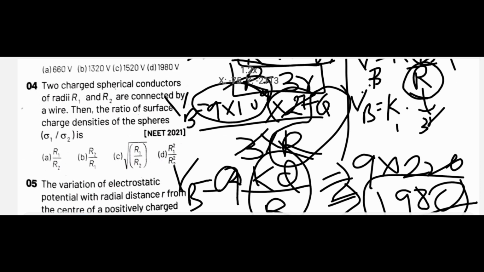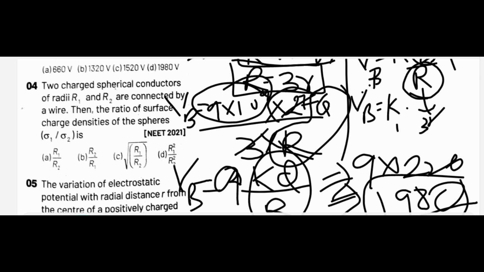Yes, the basics, that is, when smaller spheres make a bigger sphere, the volume of the final sphere is similar to the combined volume of the 27 spheres. From that relation, we can get the radius, and the basic formula, that is bigger sphere radius is equal to n to the power 1 by 3 times the smaller sphere. And again, the charge that combines to form a bigger sphere will also be the same.